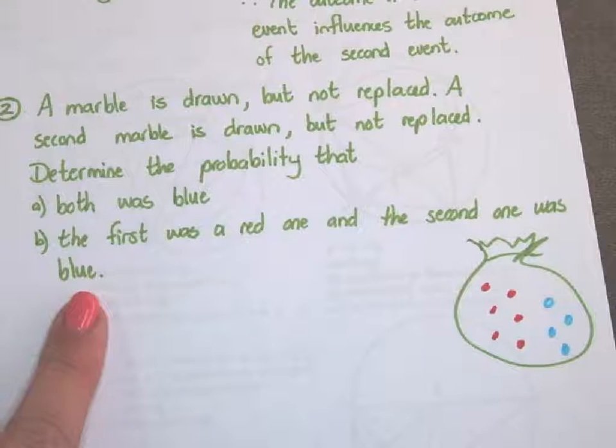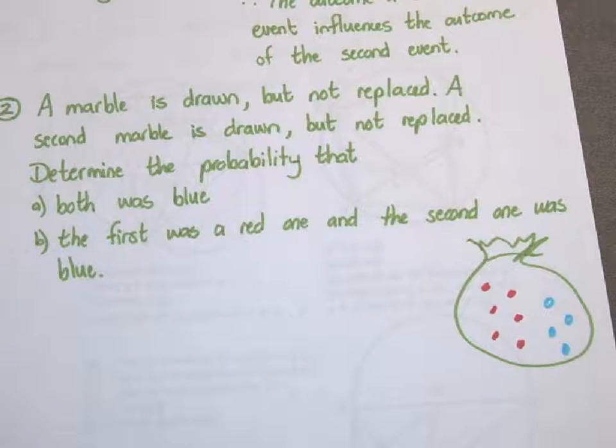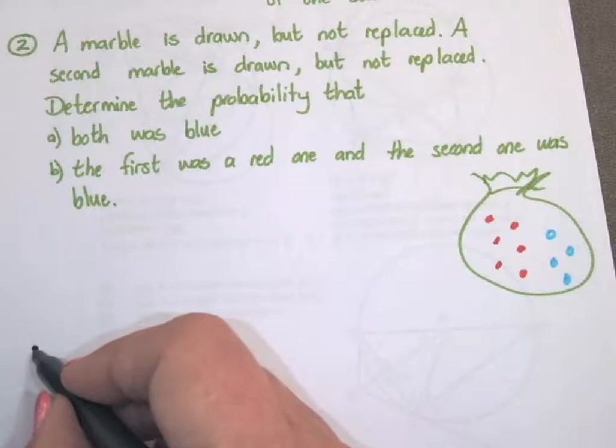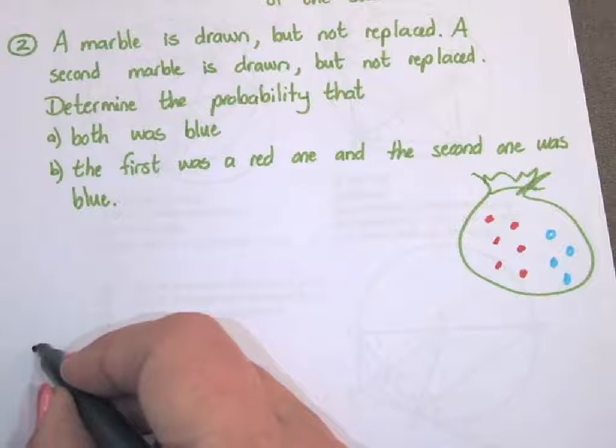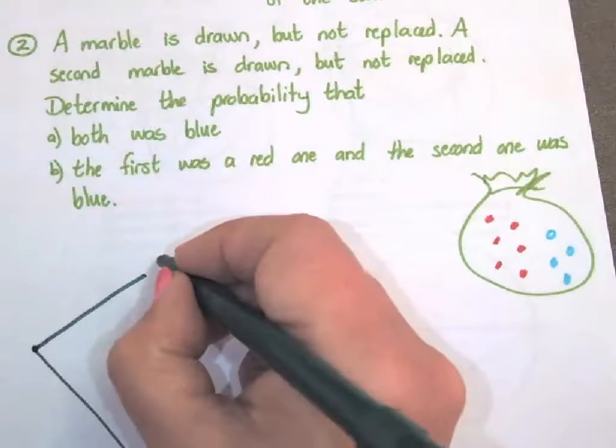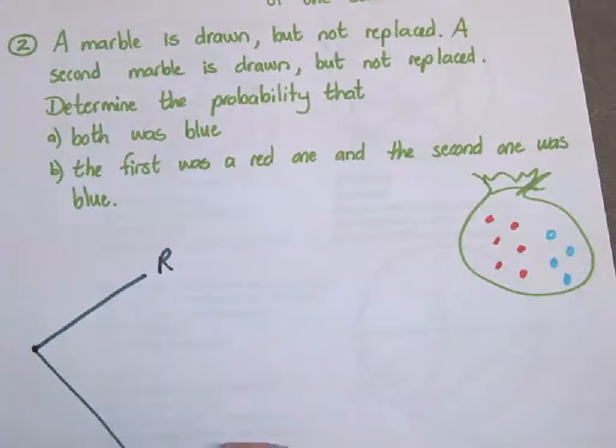So we have two sums. First, we need to draw our tree diagram. Start with a dot. The first action is we have a draw and we choose between two colors, red and blue.